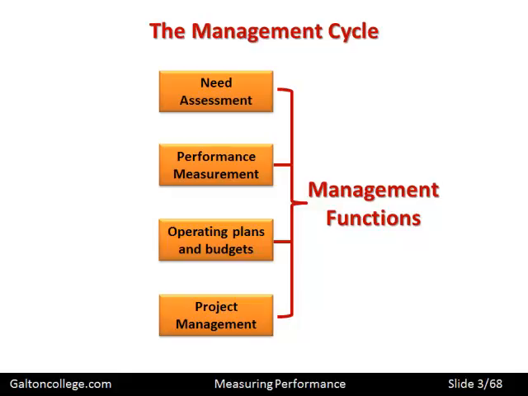And it's also looking at operational plans and budgets and project management. So management functions, not surprisingly, run the whole gamut, all the way across the management of the business. But you can see in here that performance measurement is an important aspect of the management function.